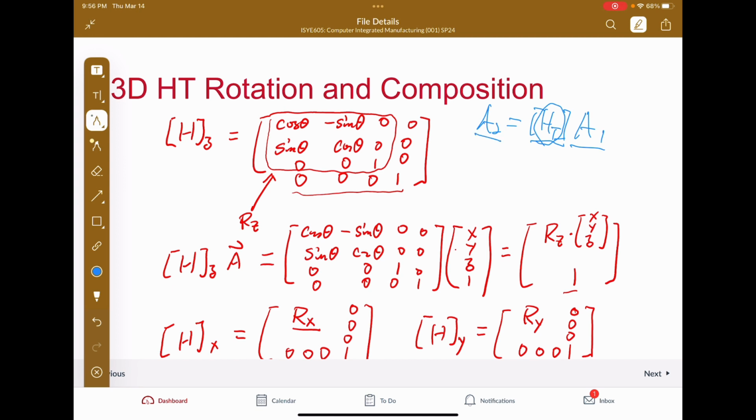So we got a2, and we have another transformation to transfer the point from 2 to 3. So this is h1, h2, a3. Okay, so we can do a lot of these operations.